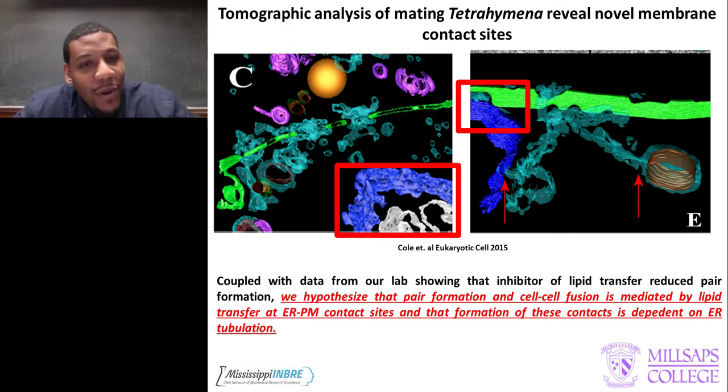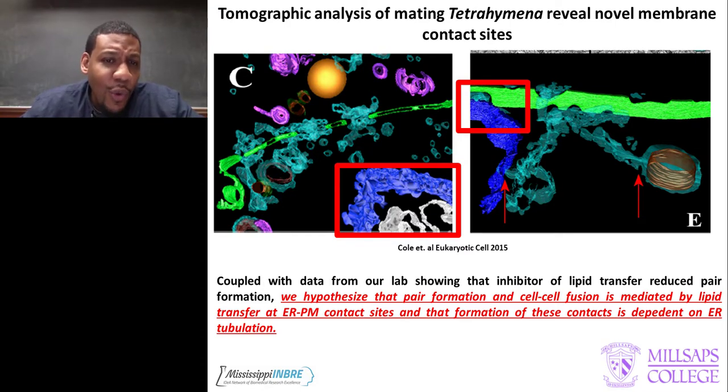In the upper part of that panel, next to the label C, you're looking at one Tetrahymena, and on the bottom panel we're looking at another Tetrahymena. And that green line represents the membrane that's being shared by these two fusing Tetrahymena.